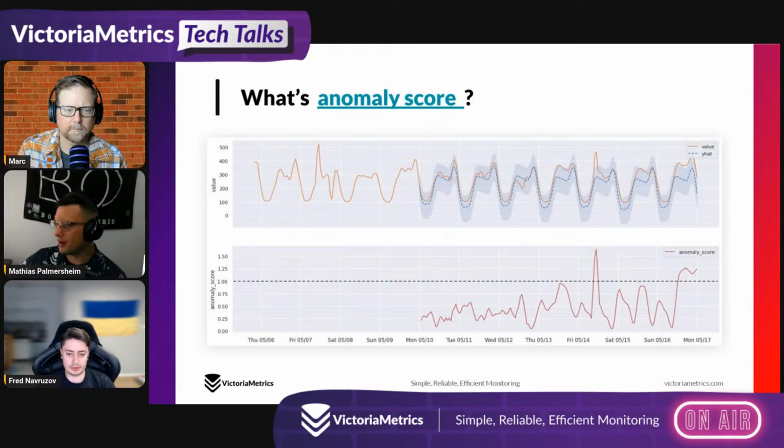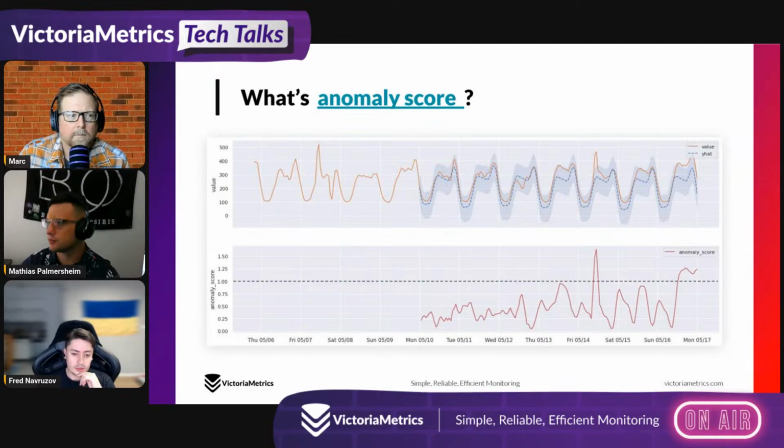You can see it on the bottom graph, and you'll see it a lot on the Grafana dashboard which we'll present today. On the uppermost graph, you'll see your original metric, which has multiple seasonalities, maybe intraday, maybe weekdays versus weekends, and it's harder to set up an alerting rule with a decent threshold on raw metric values.